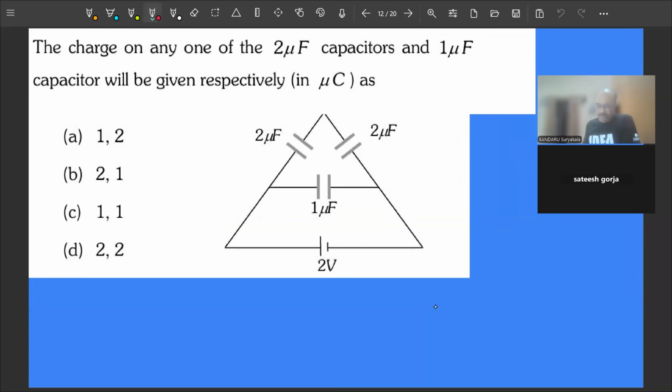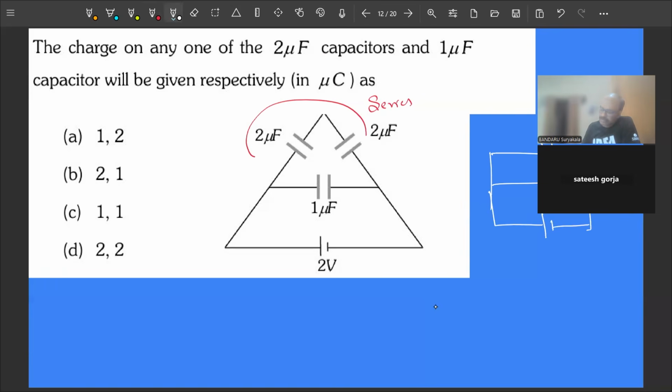Next. In the equivalent diagram, they asked the charge on the 2 microfarad capacitor. These two are connected in series. Series means the equivalent diagram becomes: this is 1 capacitor, this is 2 volts.